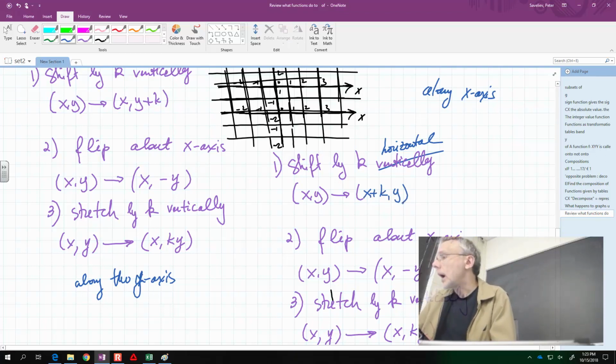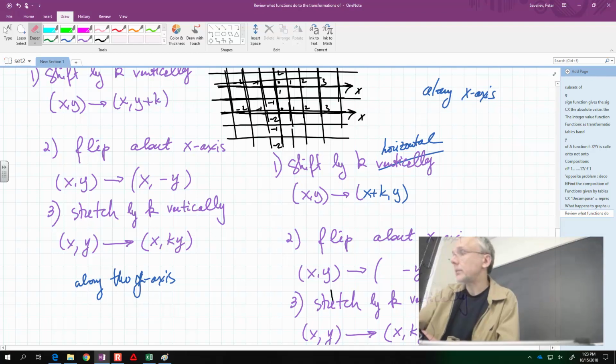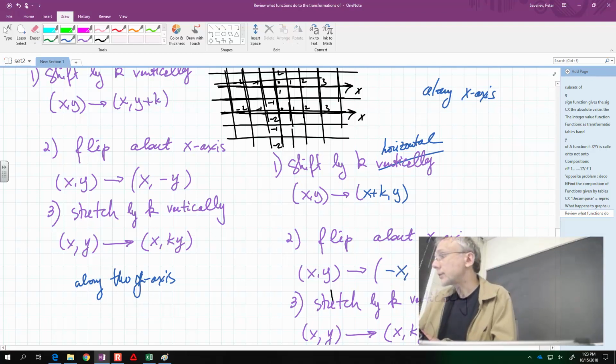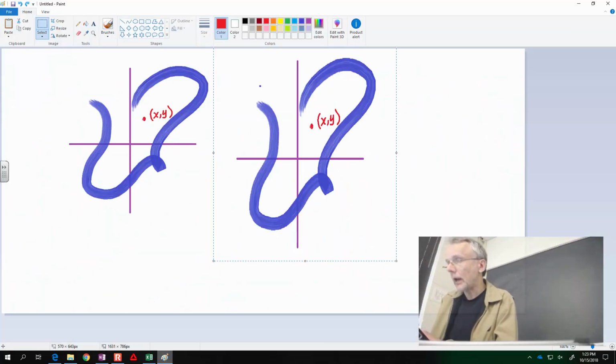The flip is about what? Negative x, y. Yes, but let me do that. Negative x, y. But the description, the flip about the y-axis, right? So let me do that so that we have that available.